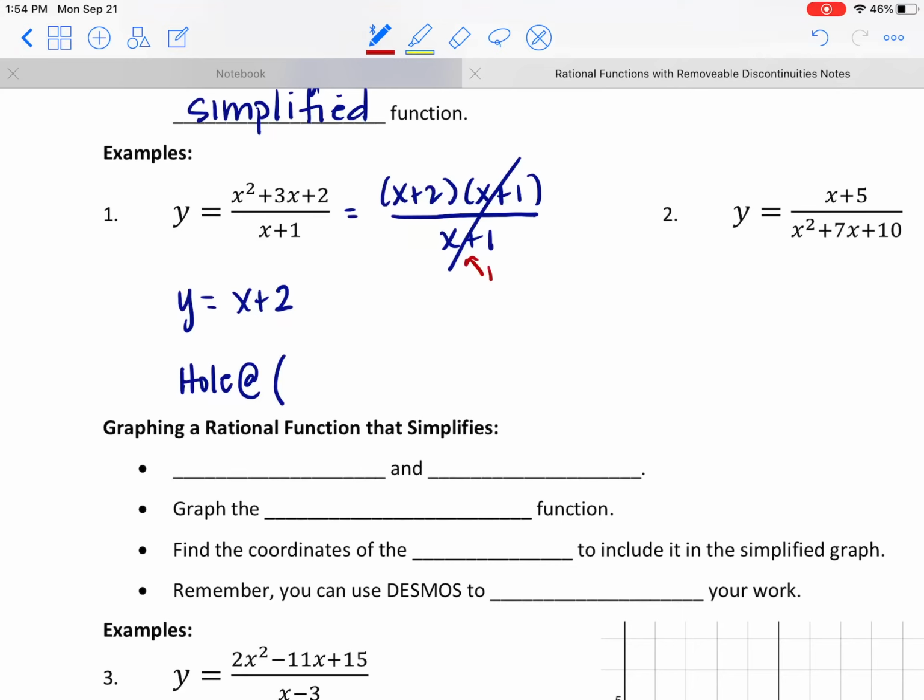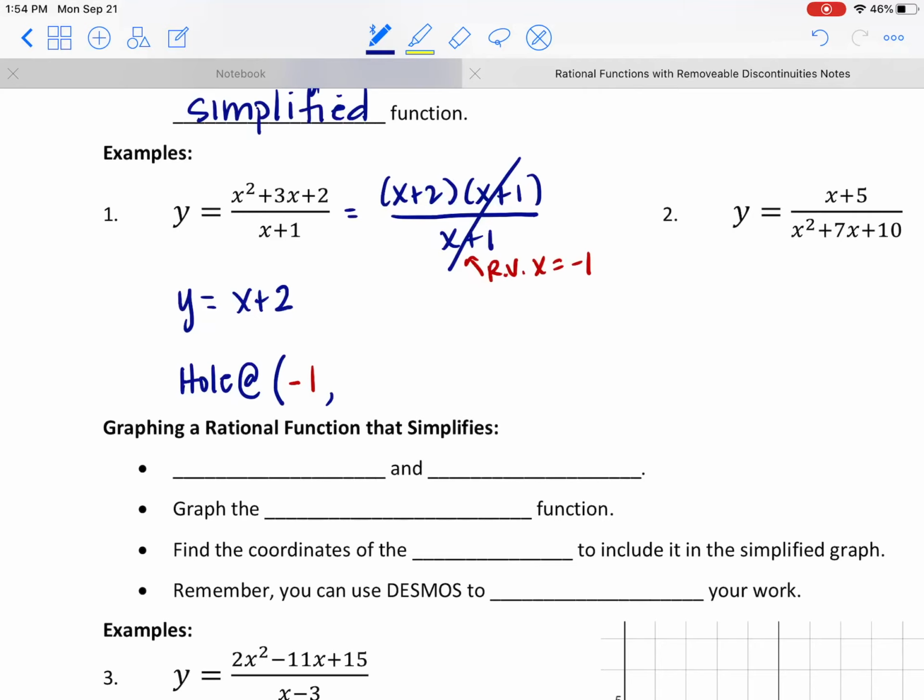So the original restriction right here, the restricted value, would have been a -1, but it got reduced out of the function. Now I can't just pretend that it was never there. Again, it just doesn't make a vertical asymptote anymore. It's going to make a hole. So the x value for the coordinates of the hole will be -1. And then how do we find the y value?